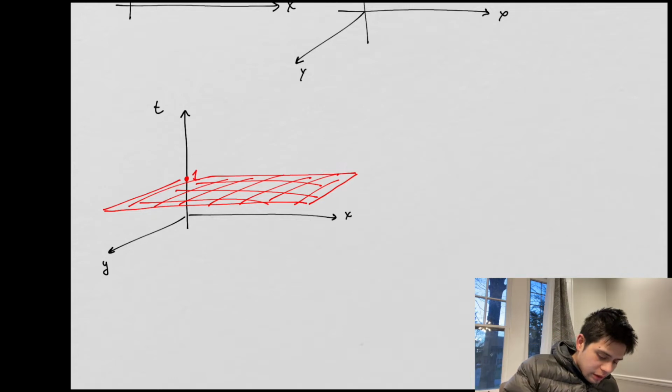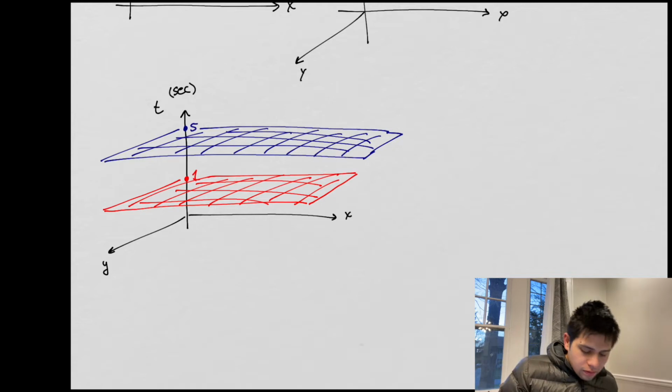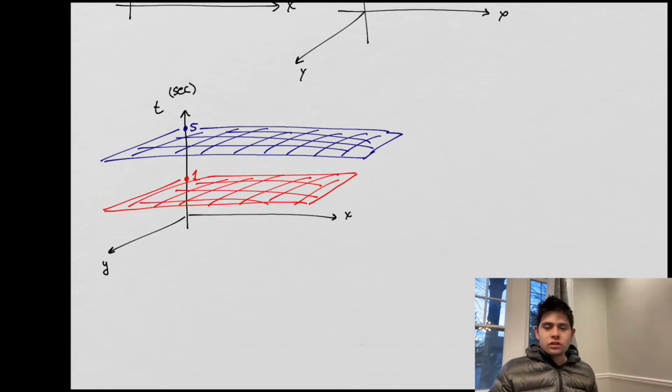We can do the same thing at time, say, equals 5. Say our time is measured in seconds. So at time equals 5, we have a spatial plane also. And this is our spatial plane at time equals 5.